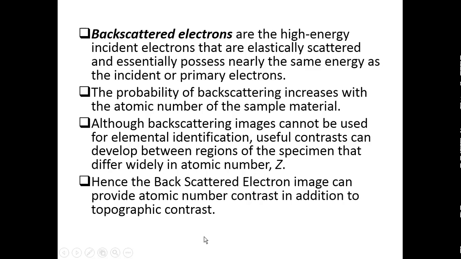This SEM can measure the atomic number contrast, and from that the atomic number can be understood. If there are any deviations, those deviations or characteristic features could be understood with the help of the backscattered electron detection and all those things.